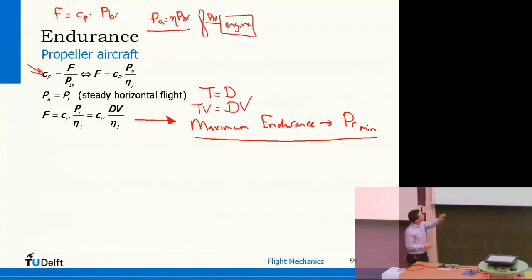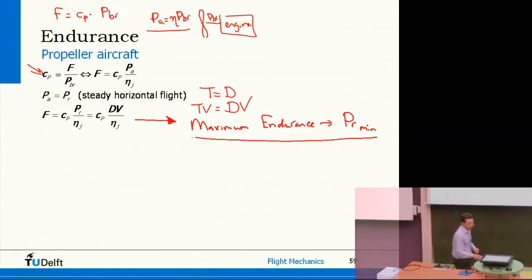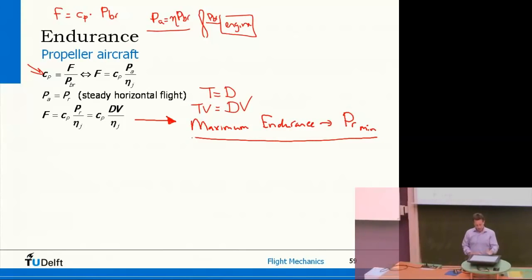And of course I can put CD over CL into the square root, and then this is what I end up with. It's interesting to note that here you get a CD squared and a CL to the power 3. So fuel flow depends on several constants, Cp and efficiency.